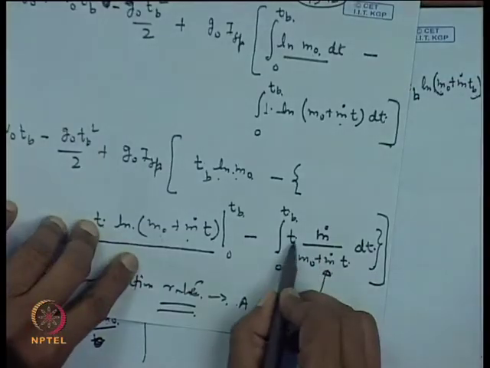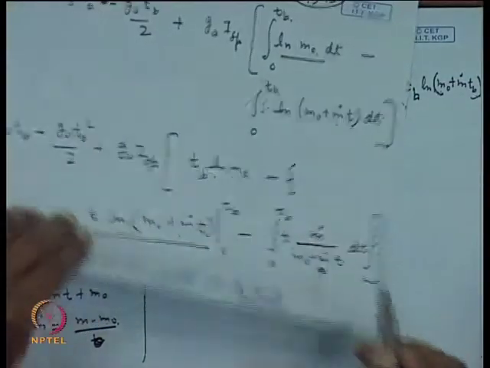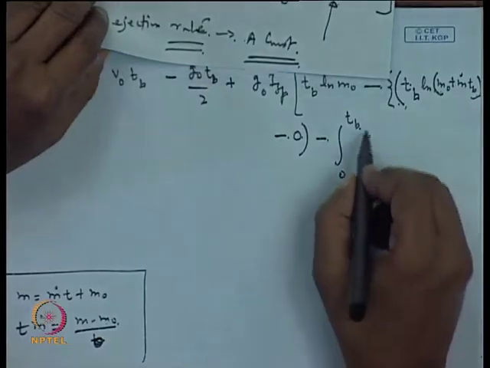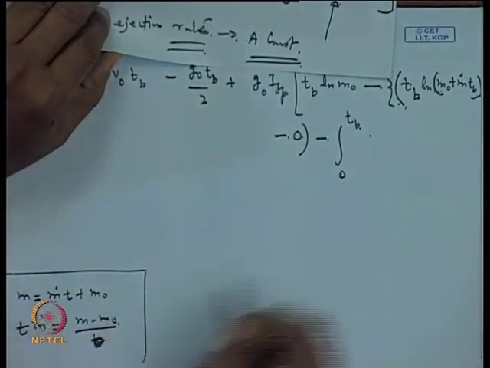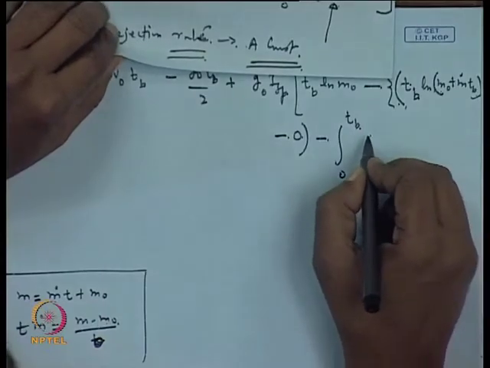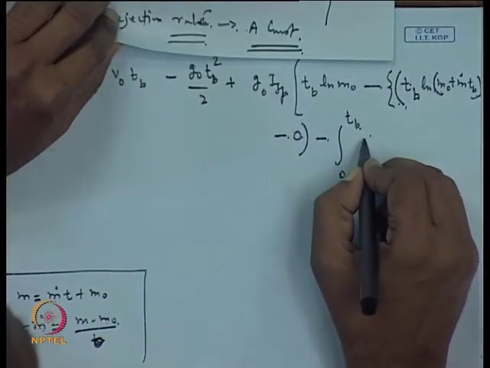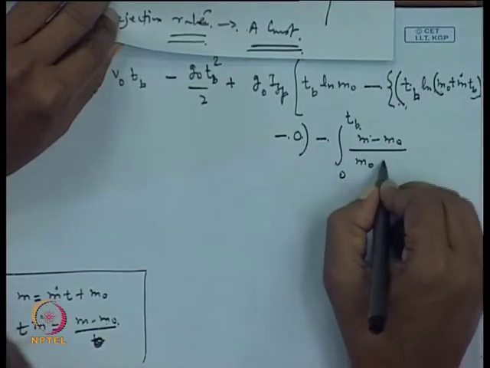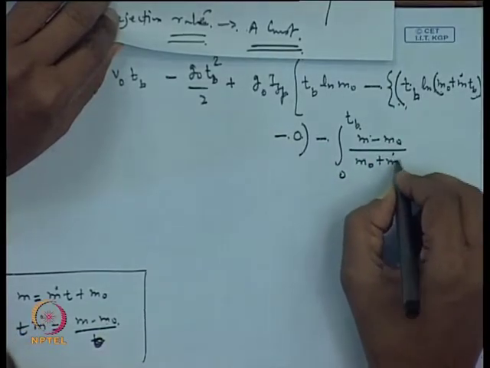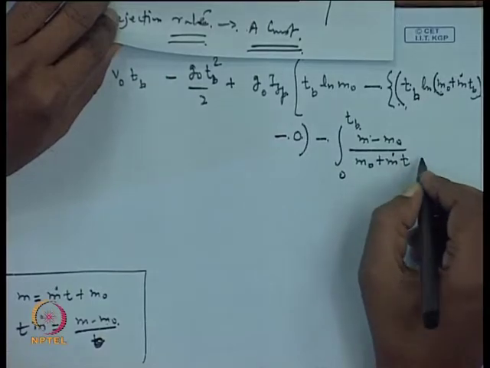In this equation this m dot T is present, so we can replace it in terms of m minus m 0. So, this becomes (m minus m 0) divided by (m 0 plus m dot T).